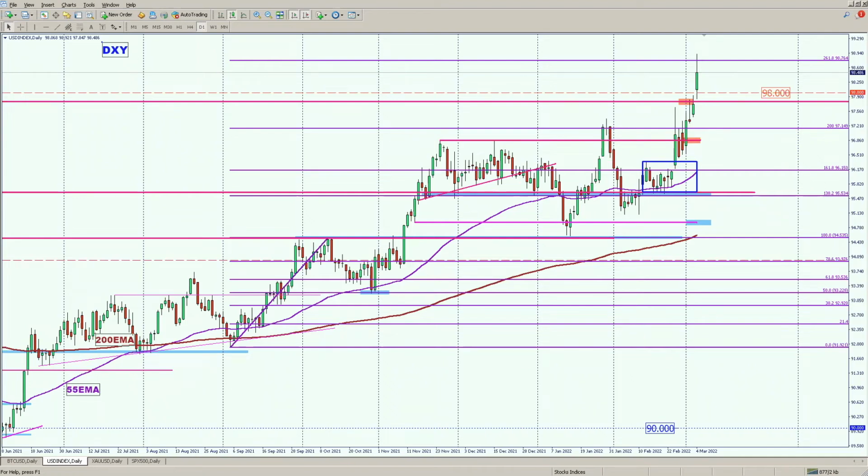Now here's the US dollar index, DXY, and you can see that just yesterday on Friday it shot up, blasting through this resistance and through the 98 level right to the 262 fib extension of this previous move up.